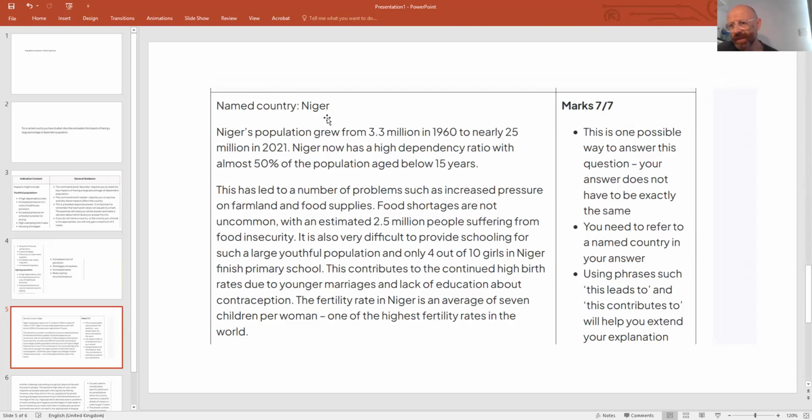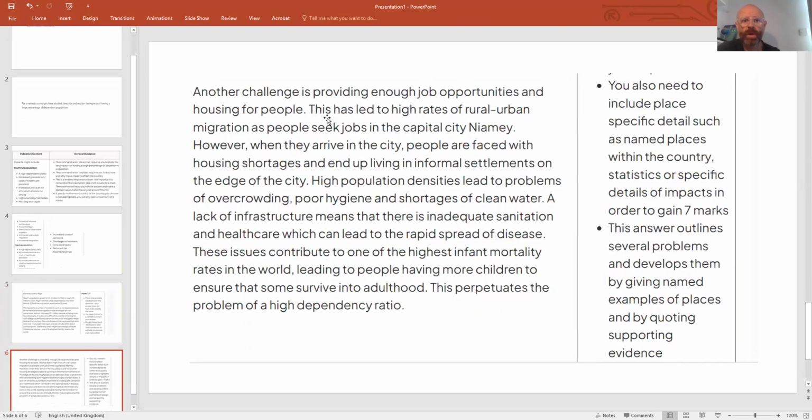They get to 16, maybe younger, they themselves get pregnant and they exacerbate this problem, okay? They can often marry young, and there's lack of education about contraception, and probably no one to pay for contraception anyway. Okay, the fertility rate in Nigeria is an average of 7 children per woman. Okay, think about that, 7 per woman, one of the highest in the world.